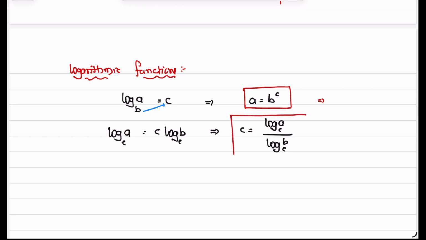This is one property. You should understand. And the natural logarithm is usually called ln. ln a is equal to c means a is equal to e to the power of c.